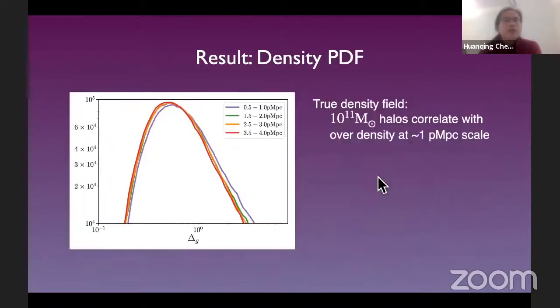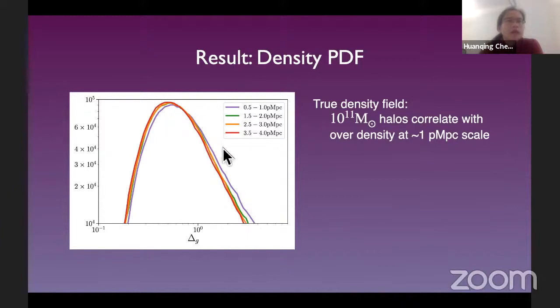So with this method, we naturally want to know how we can reconstruct the density probability distribution function, which is usually a very useful statistical tool. So here I show the true density field calculated directly from the simulation and smoothed by a Gaussian kernel of 25 kilometers per second.